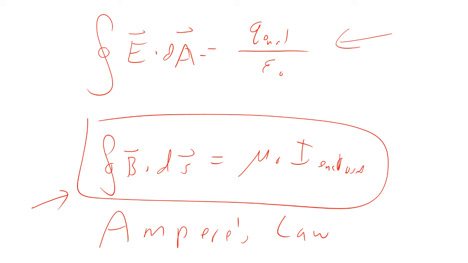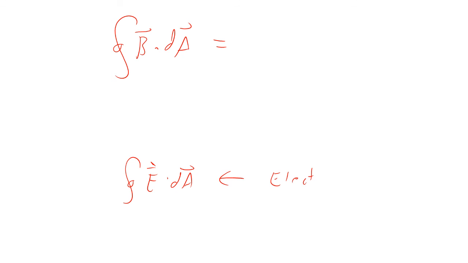While I'm at it, we're going to introduce the idea of Gauss's law again in the next chapter with magnetic fields, the integral B dot dA. Remember, the integral of E dot dA is a measure of the electric flux, and that was equal to enclosed charge over epsilon naught.